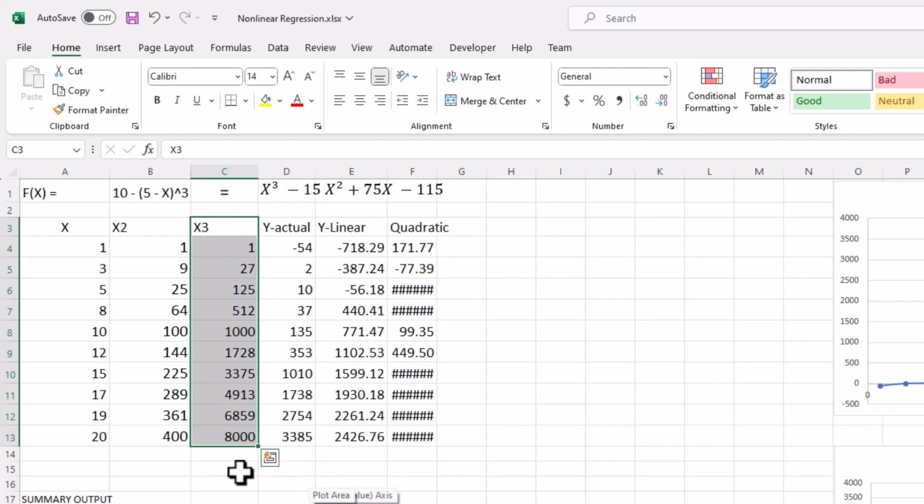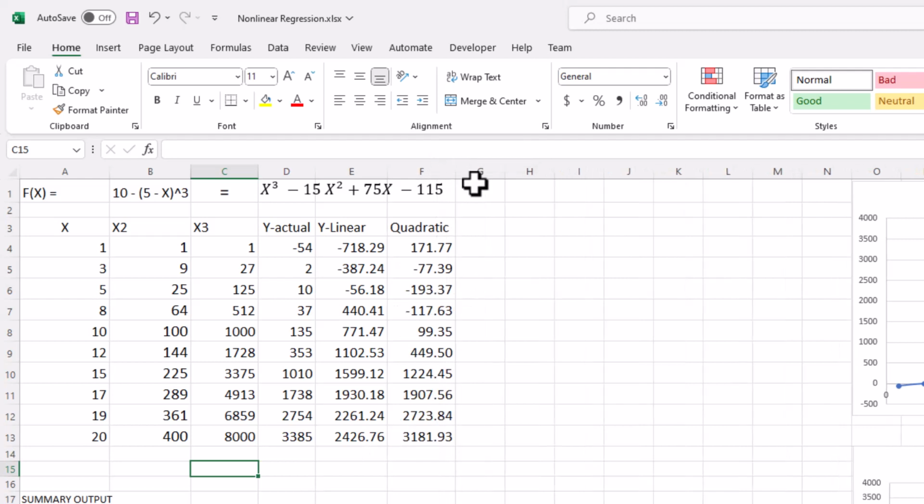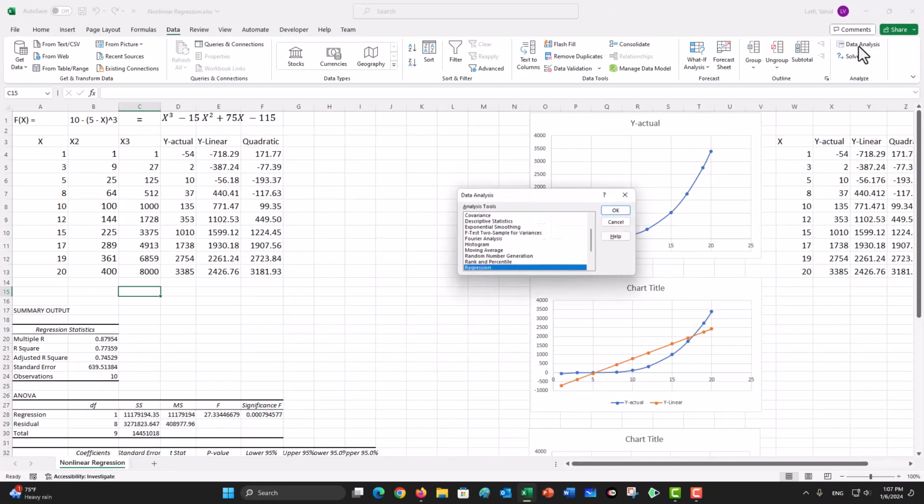Okay, and now I can go ahead and do another regression analysis and include the x to the power of 3. So we'll go ahead and click on data, and we go to analysis.